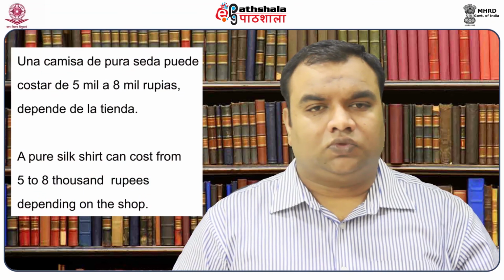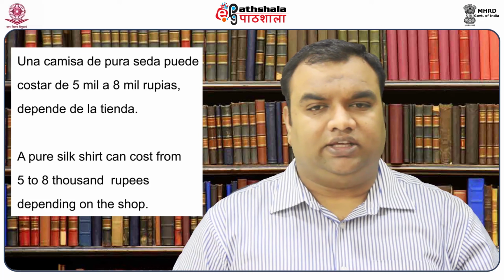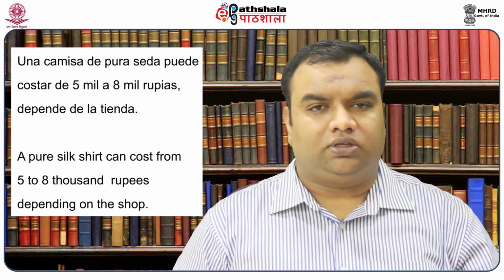They refer to variations that can occur in something as per circumstance. Una camisa de pura seda puede costar de 5,000 a 8,000 rupias. Depende de la tienda. A pure silk shirt can cost from 5 to 8,000 rupees depending on the shop.